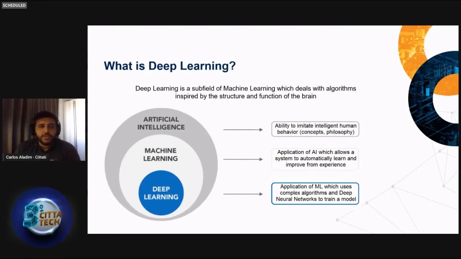And inside that, we have machine learning, which is exactly the application of the concepts and the philosophy of artificial intelligence to solve problems. And deep learning is the application of machine learning that uses complex algorithms and deep neural networks to train a model to solve some kind of problems.